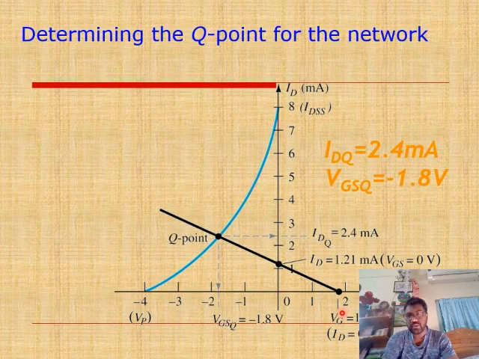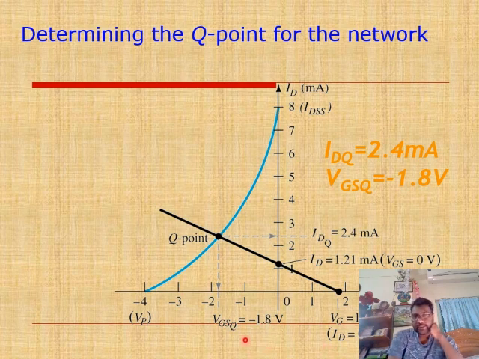Now let us draw the graph. So at minus 4 there is no conduction, so that's why it is here. And at 0 volt VGS, 8 milliampere current is flowing through the device, so this is the maximum IDSS, or the saturation current.